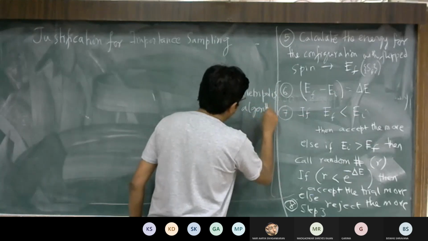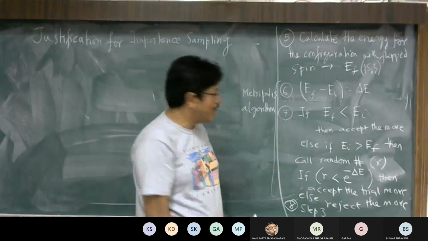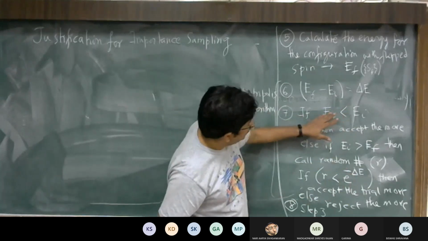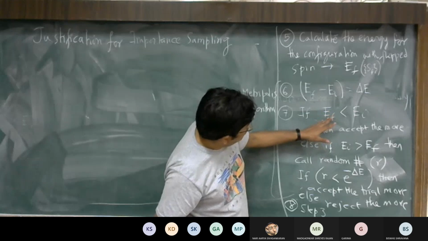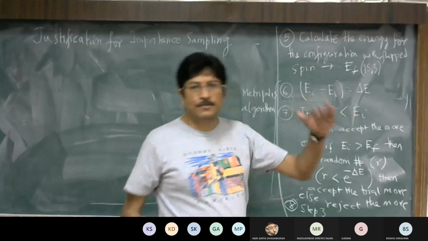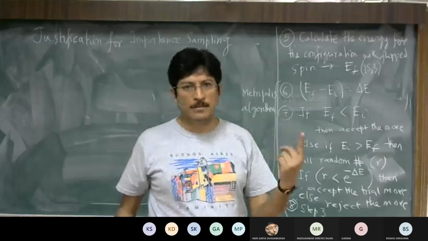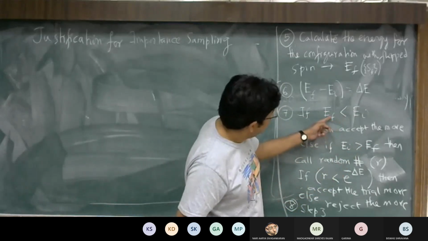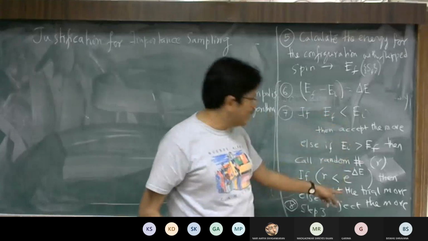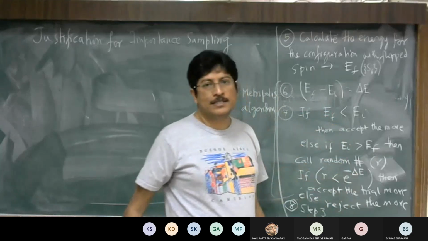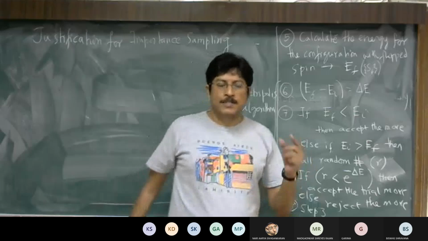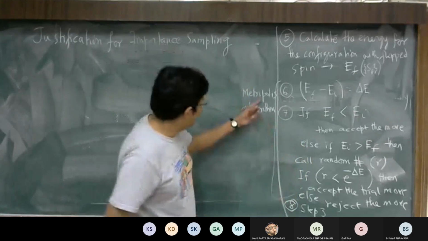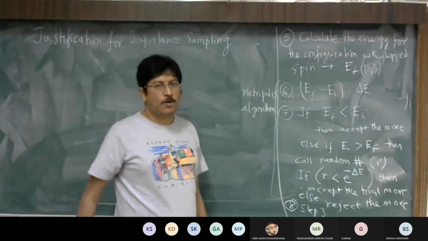This restriction of how you do the dynamics using this trial move scales these rates so that whenever EF is less than EI, the probability of accepting the move is 1. And the probability of accepting the move when EF is greater than EI is simply e to the power of minus beta delta E. This particular choice of probability of implementing the move is what goes by the name of the Metropolis algorithm.